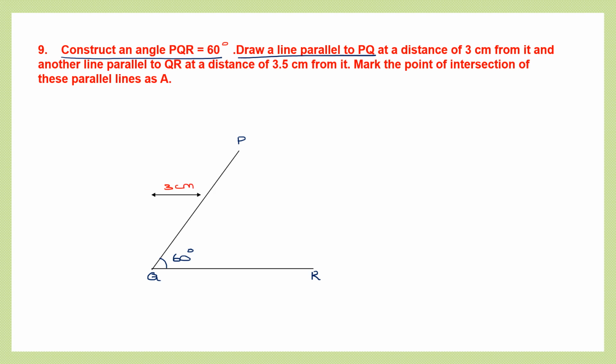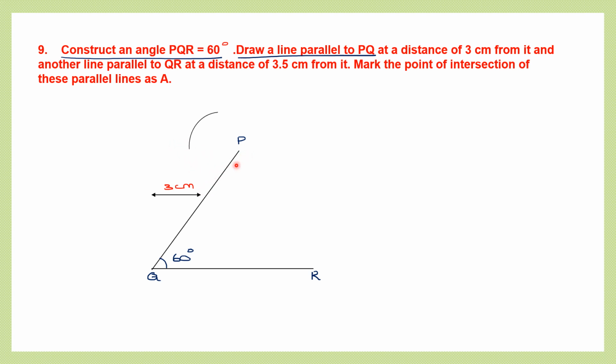Now in the previous question, we learned to construct a parallel line at a particular distance, and I taught you two methods. You can use any one of those methods. In this case, I'm going to use the second method. That is, I'm going to place my compass needle at Q and get a radius measurement of 3 centimeters, and I'm going to place it at P also with the same measurement and draw two arcs.